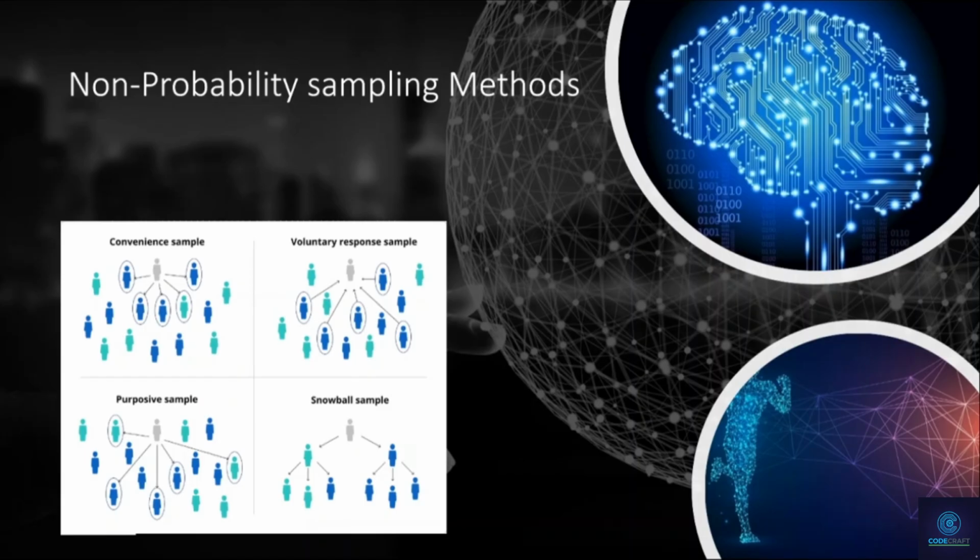Imagine you need a sample of 10 people, and you don't select random people, you just select people who you know. Let's say you have friends, and it is way more convenient for you to ask your friends to fill up the survey than to go and ask some strangers somewhere. So basically this is the convenience sample.